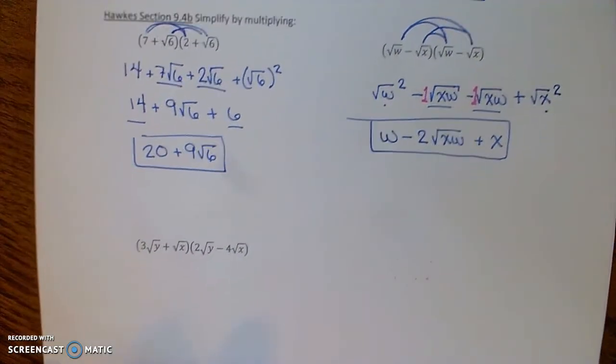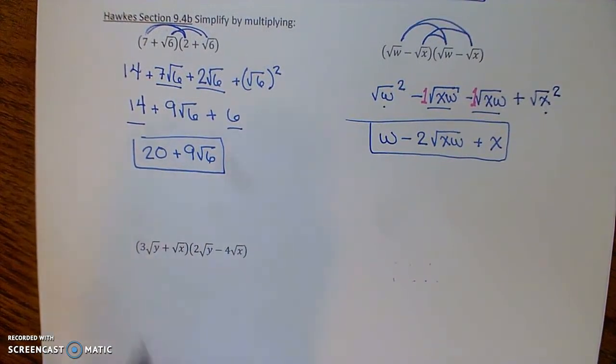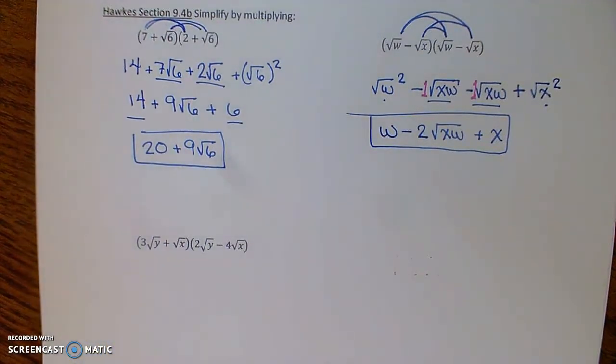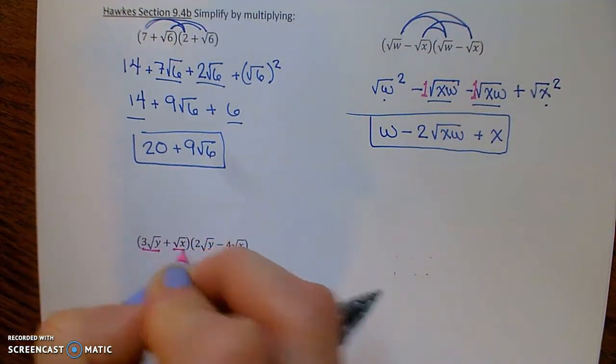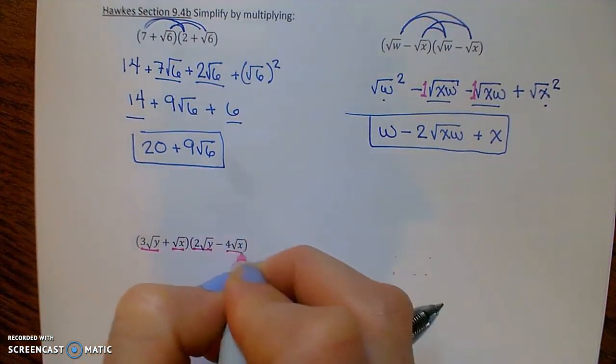Last example we'll do. This one involves numbers, coefficients, and variables. Again, notice that everything is simplified inside those radicals. Also notice that this is two terms, 1, 2, inside the parentheses. So it really is a binomial times a binomial.